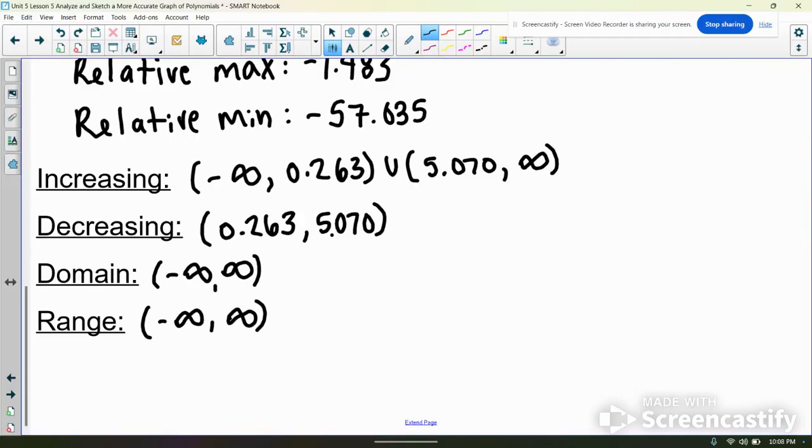From there, your turning points can tell you extremas, increasing and decreasing. They also can help you with your range. Your domain for all of these will be negative infinity to infinity. Your range will differ depending upon if it's an odd degree or an even degree. So let's do one more example.